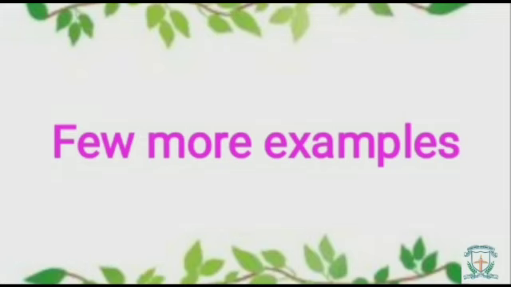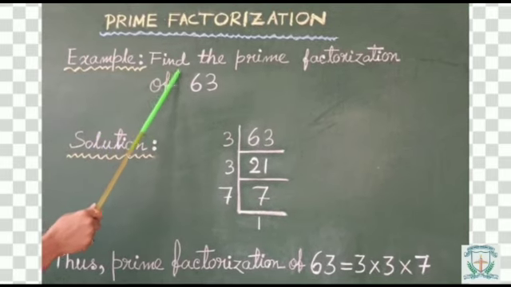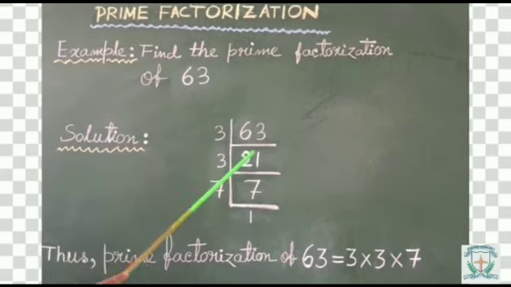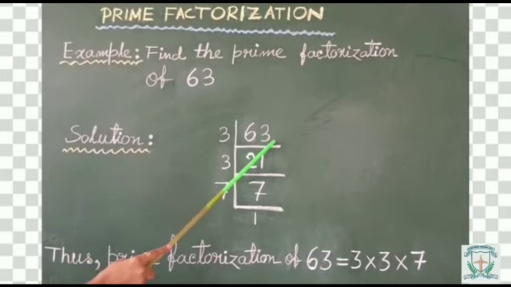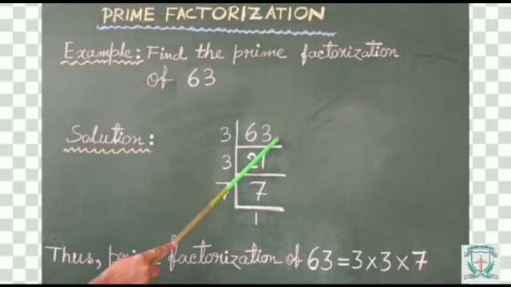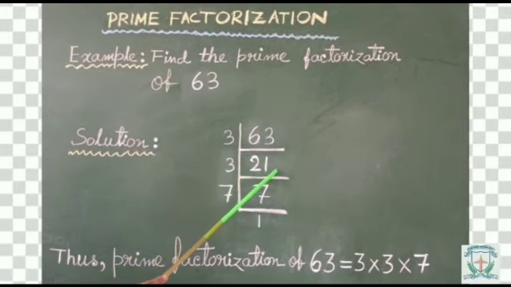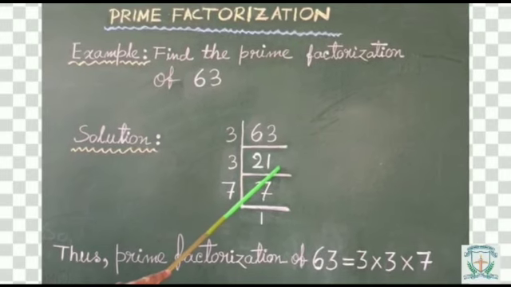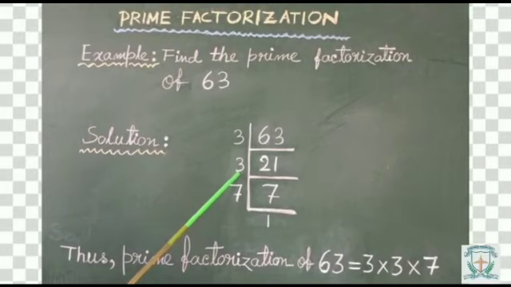Let us consider a few more examples. Find the prime factorization of 63. Here we can see that 63 is divisible by 3. Thus, dividing 63 by 3 gives 21 as a quotient. Again, 21 is also divisible by 3.